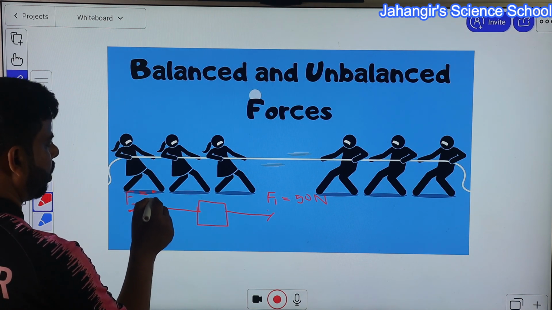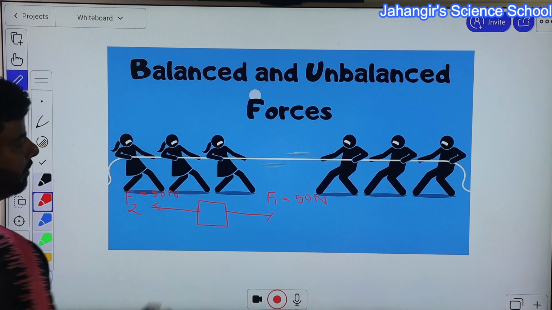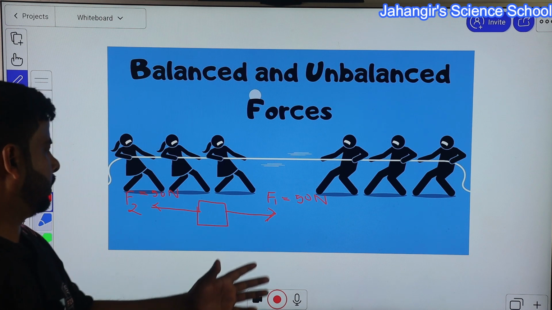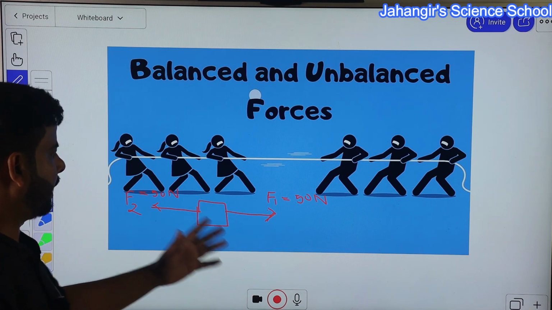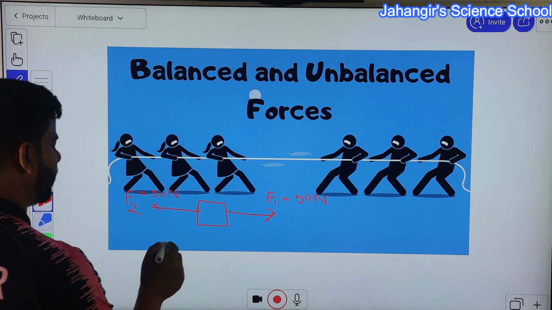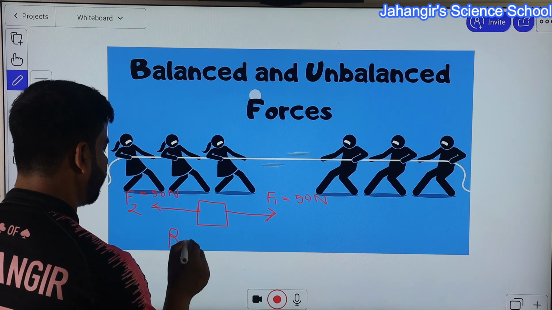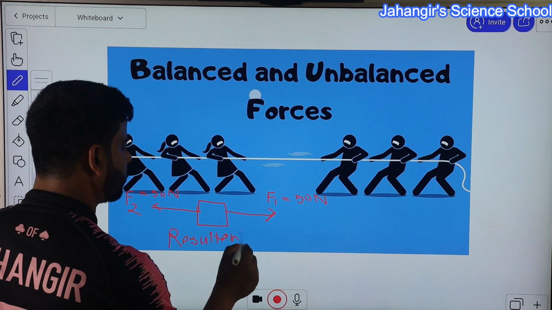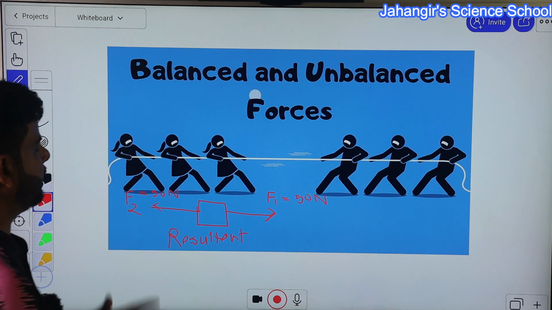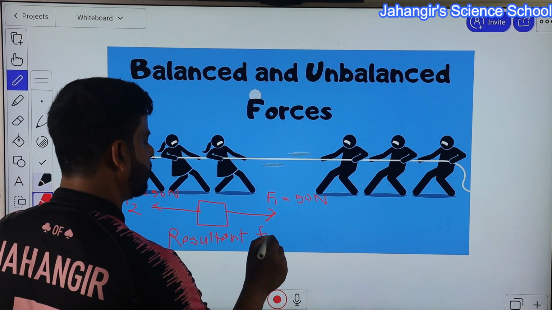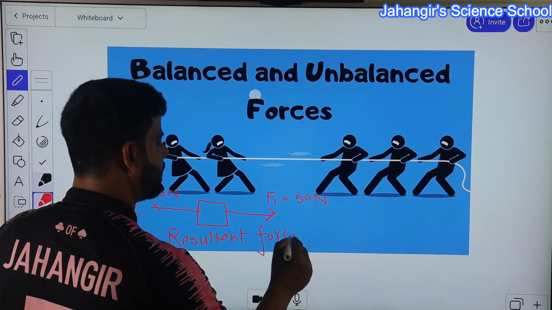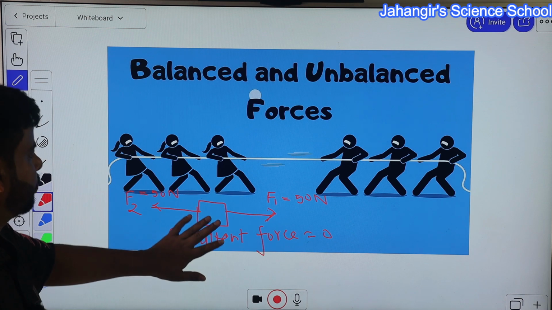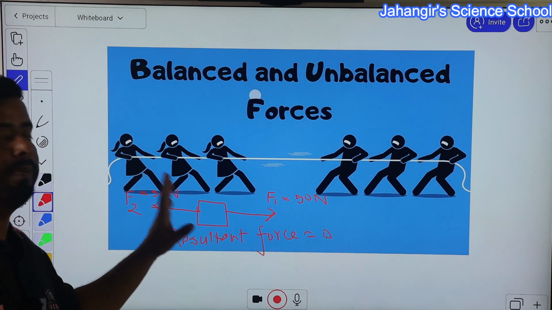The magnitude of the force is the same, but the direction is opposite: one acting right, another acting left. So the resultant force is zero here. That's why it is called balanced force. So F1 and F2 are balanced.